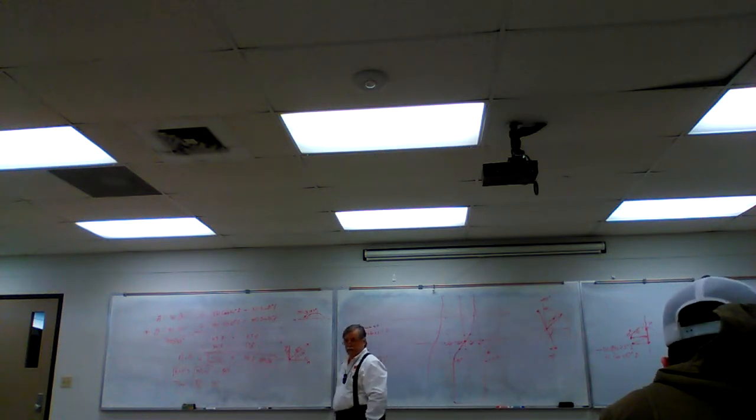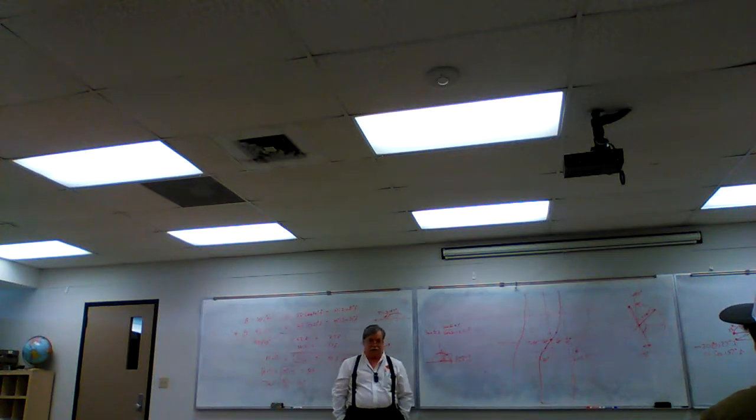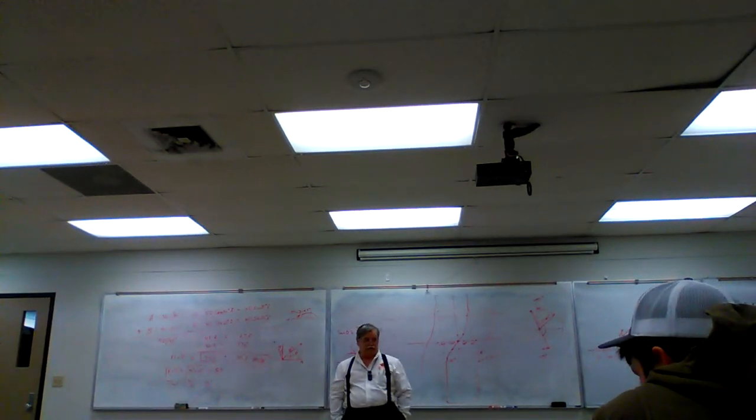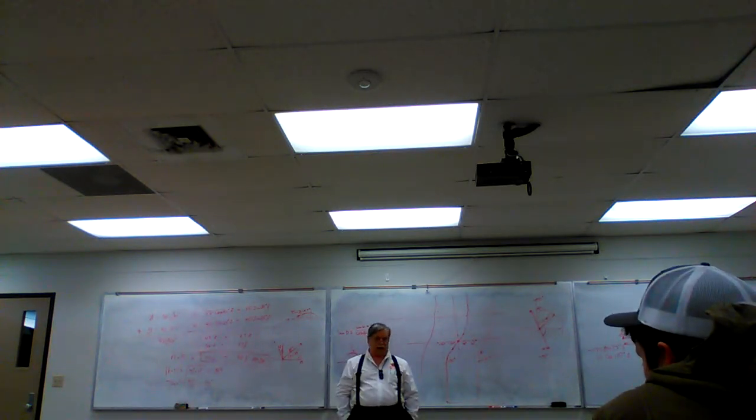Constant acceleration. On the surface of Earth, we meet that requirement because gravity is a constant acceleration, independent of mass. Everything gets accelerated the same amount, straight down, minus g.